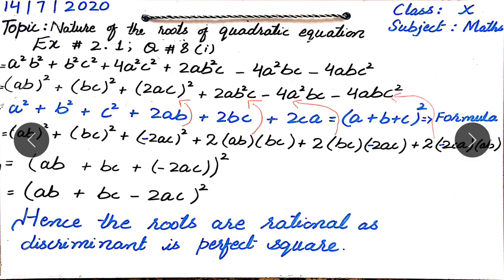So here we have to connect this statement with the formula, to see whether it will match the formula or not. Here is a square, here is b square, and here is c square. Then 2ab, then 2 bc, and this is 2ca. This is c and this is a. So let's check whether it is fulfilling this statement or not.